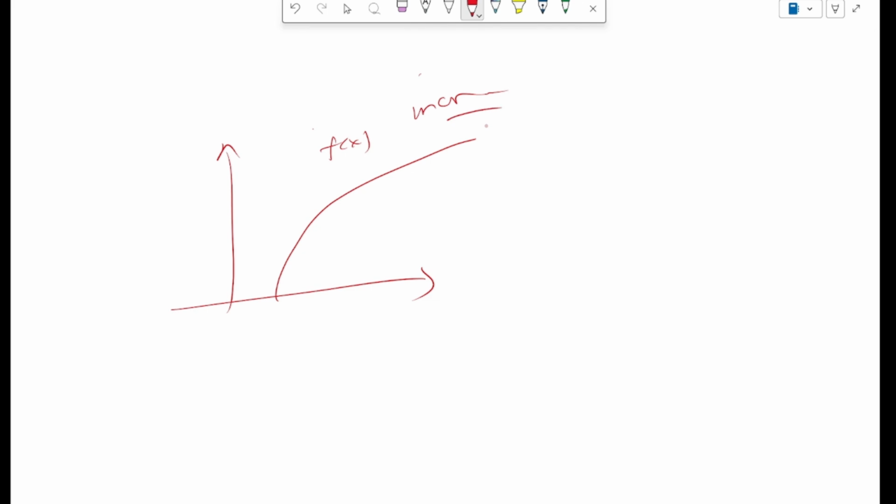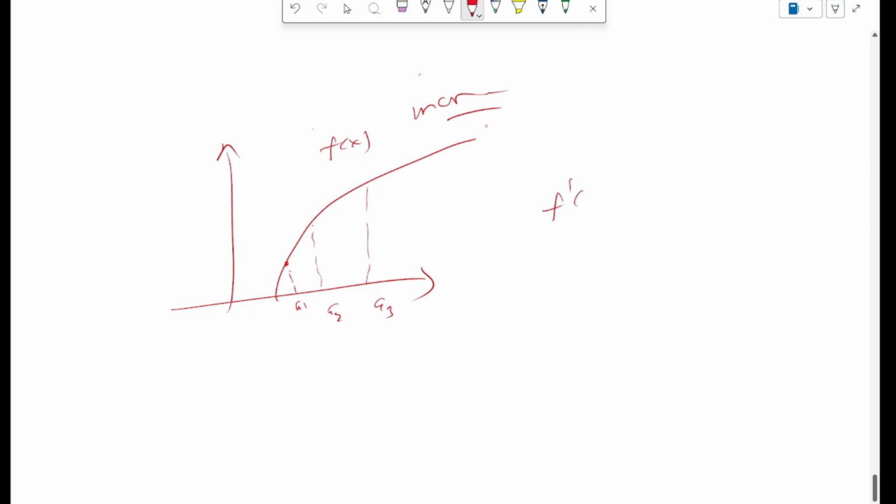Now, if you plot the first derivative at a point, let us say a1, and this point is a2, like this, a3, right? Now, the first derivative of the function f dash x means the tangent at that point.